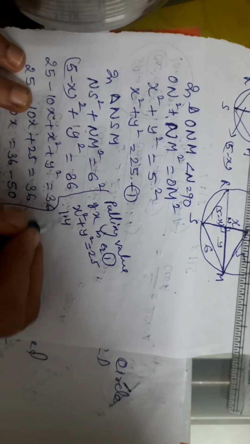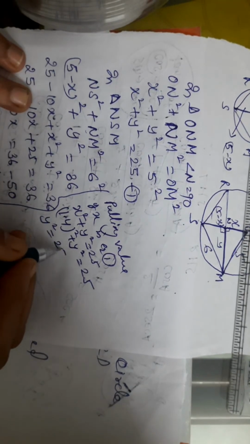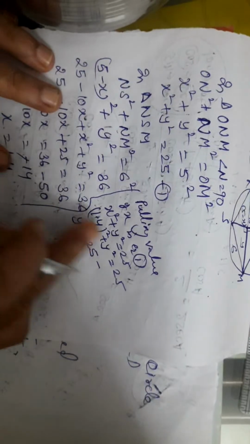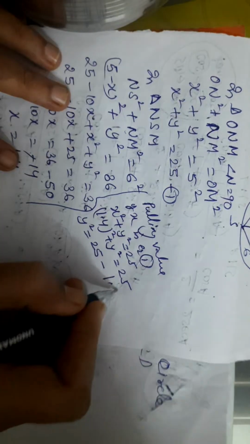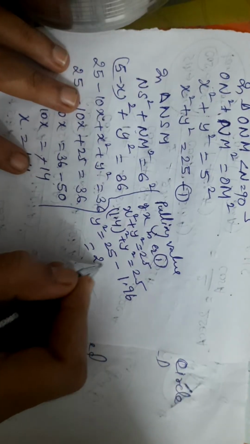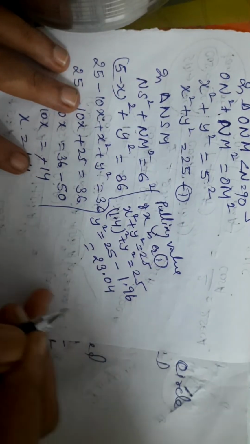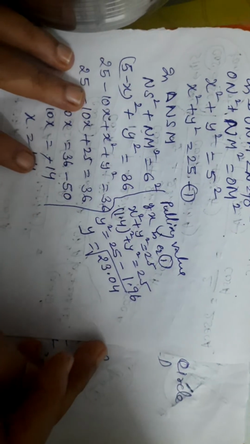Now we got x as 1.4. 1.4 square plus y square is 25. So y square is 25 minus 1.4 square, which is 1.96. Now subtracting 1.96 from 25, it will be 23.04. To find the value of y, get the square root of 23.04.